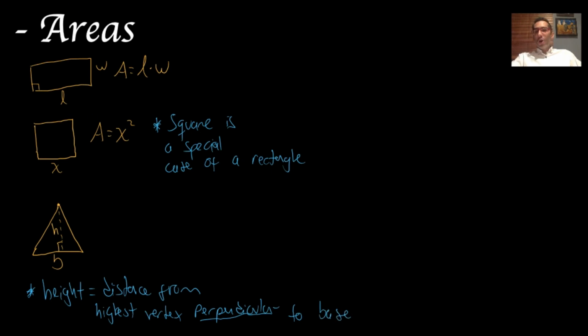That's the definition of height, in a triangle and in any other figure. We know what the base is, we know what the height is. So the area of a triangle is base times height divided by 2.